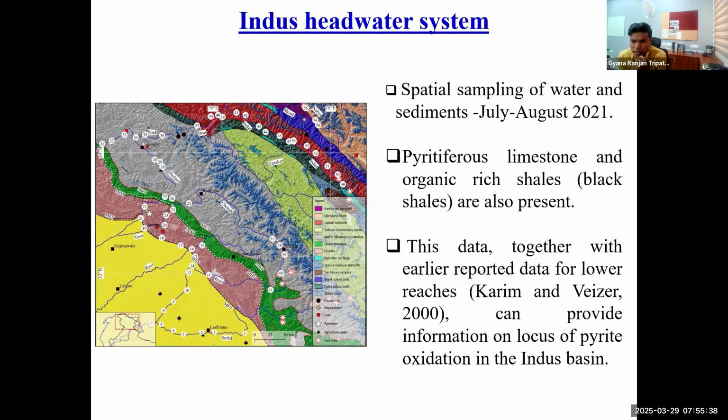The third reason why the Indus is preferred is there is a significant analysis of delta 34S in the lower reaches of the Indus, which was done by Karim and Beiser, and we wanted to use the Indus headwater data, which was missing. So we wanted to create this data set for the headwaters and include the Karim and Beiser data from the floodplains of the Indus, and build a basin-wide understanding about the pyrite oxidation in this particular basin.